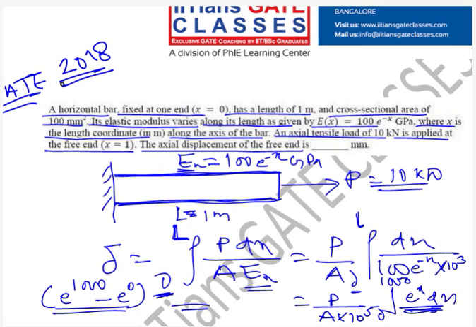E to the power 1000 is not defined. So what you have to do? You have to integrate instead from 0 to 1, and convert everything in Newton per meter square. So do that and find out the answer.